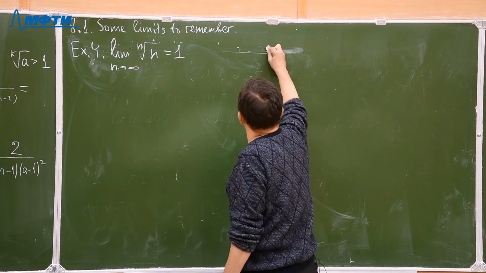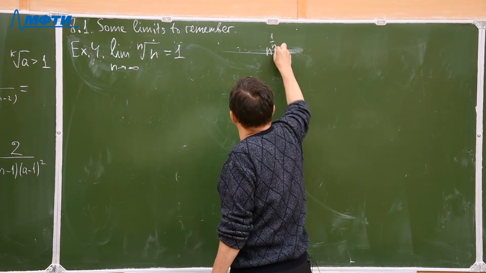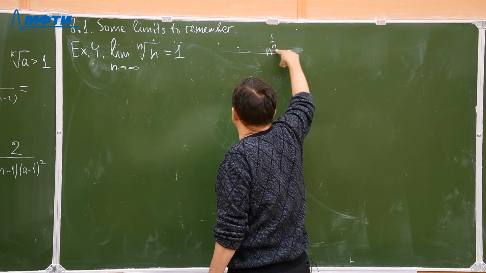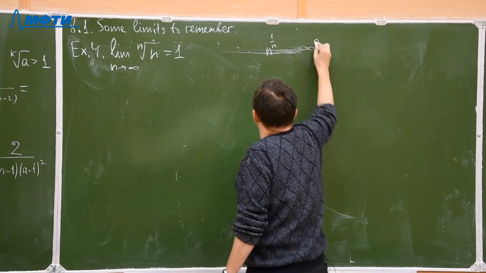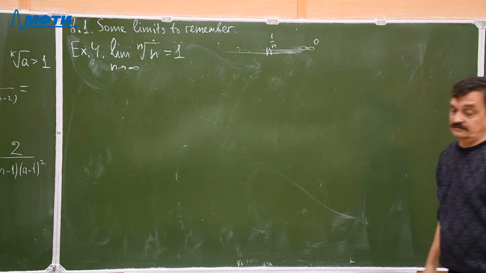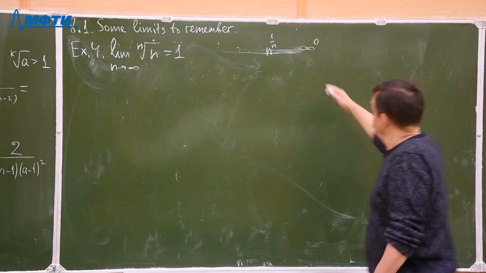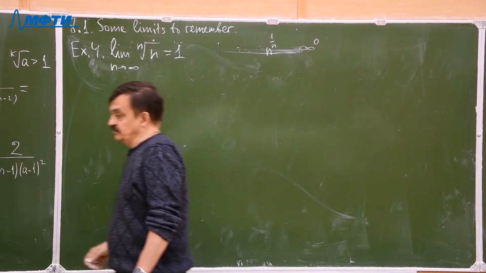So look, we have n to the power 1 over n. As n tends to infinity, the power tends to 0. So we have something like that. That is indeterminacy: infinity power 0. So infinity power 0 may have a limit 1.